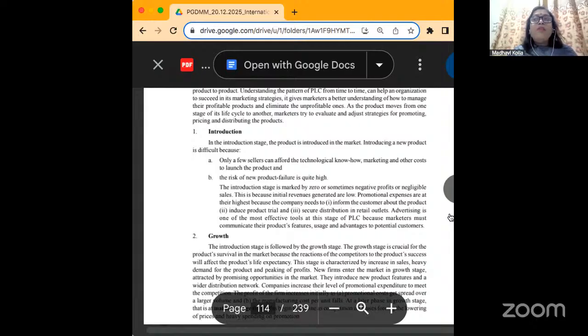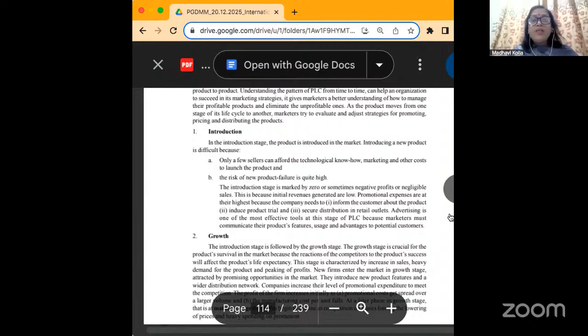For example, if we were talking earlier about copiers, Xerox and Canon, it is not about whether the product is already introduced in the market. It is very important to understand whether competitors are already there. So when you're talking about introduction, we are talking about the introduction of our product to the market, because we are talking about our product life cycle.